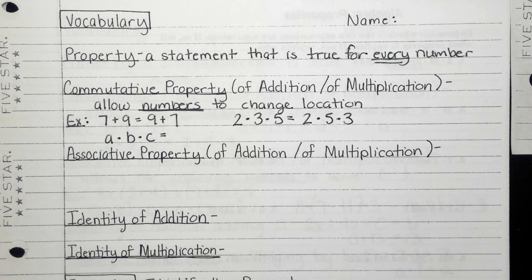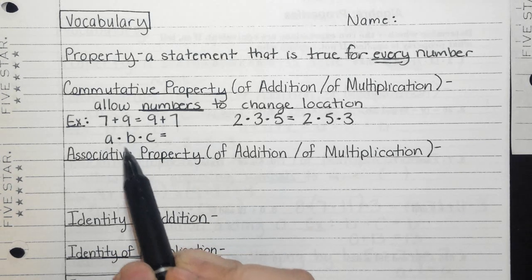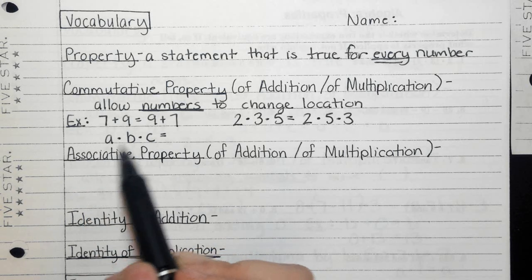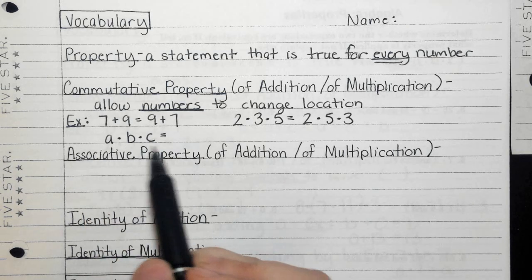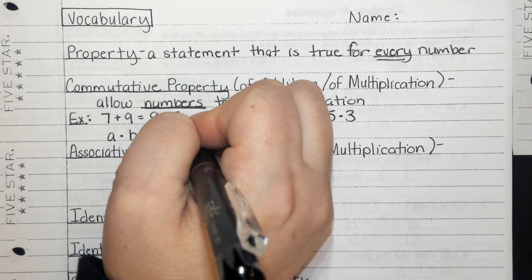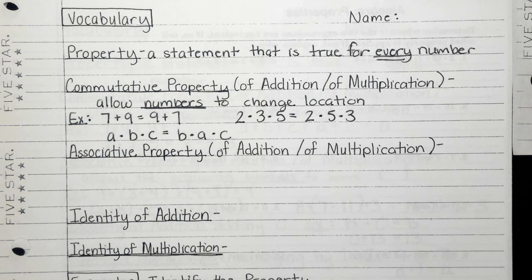A. Can B only trade with A? No, B could also change with C. All right, the problem is going to tell you which one, but do we understand it has to be one or the other? Okay, so I'm going to change it with A, so I'm going to change that to B times A times C.